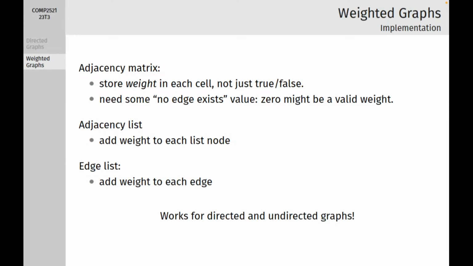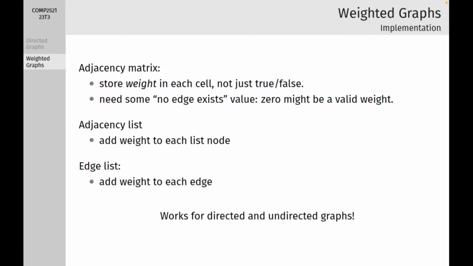All right, so how can we represent a weighted graph? We can again use the same representations as for undirected graphs. With an adjacency matrix, for undirected graphs we store just true or false. But in a weighted graph, we instead store the weight of the edge in the cell, instead of true or false.